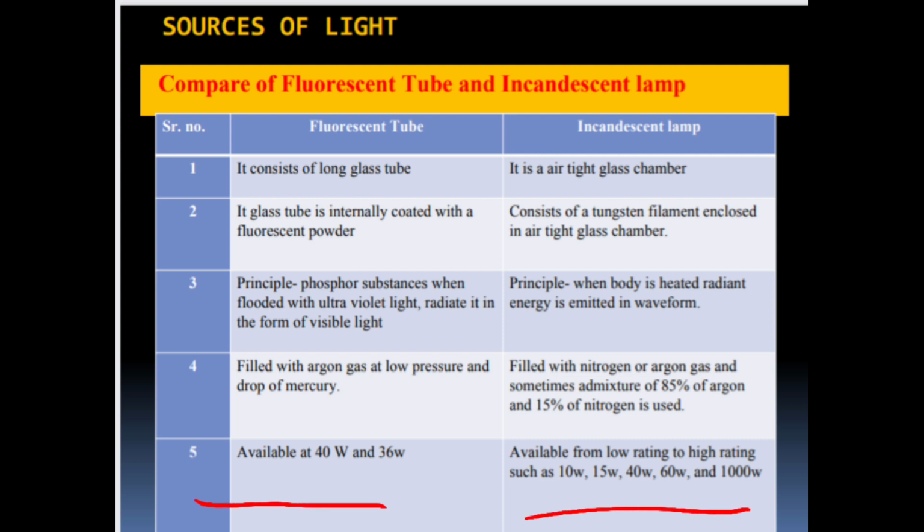Means at which ratings is the fluorescent tube available? Our answer is 40 watt and 36 watt. And the wattage of the incandescent lamp? The ratings are 10 watt, 15 watt, 40 watt, 60 watt and 1000 watt. So this is the comparison of fluorescent tube and incandescent lamp.